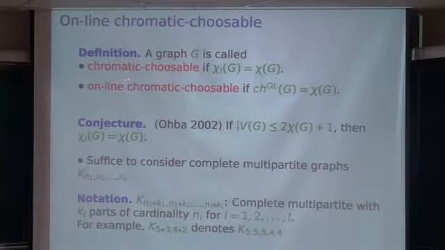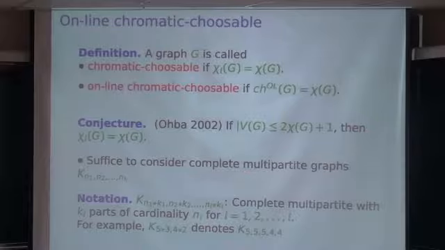And then some terminology: we say chromatic choosable if the list chromatic number is the same as the chromatic number, and online chromatic choosable if the online choice number is equal to the chromatic number. So actually we are interested in this type of graph.